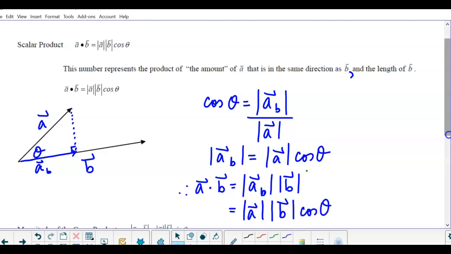Right, so this is that definition from up here in words, and then we just substitute in for the projection magnitude of A equals theta, based on our diagram.